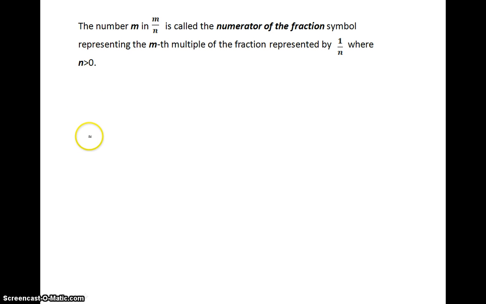All right, so for example, if I have 11 fifths, here's our M over N. 11 is my numerator, and what it's saying is that it's my 11th multiple of 1/5. So it's 11 times 1/5, which is 11/5.